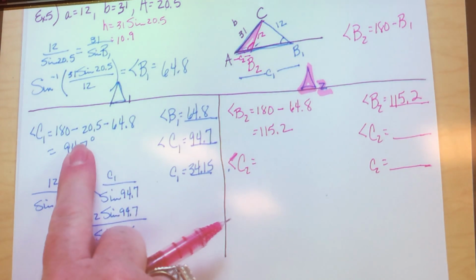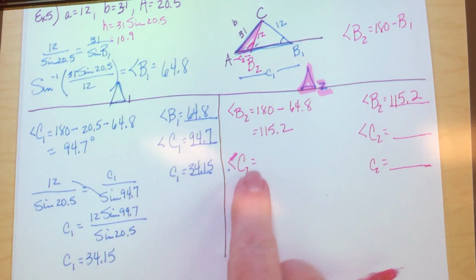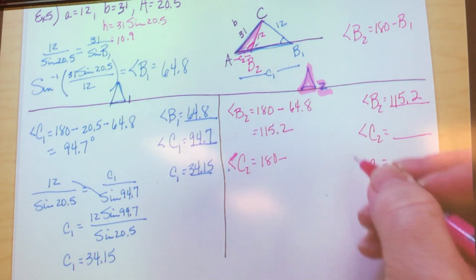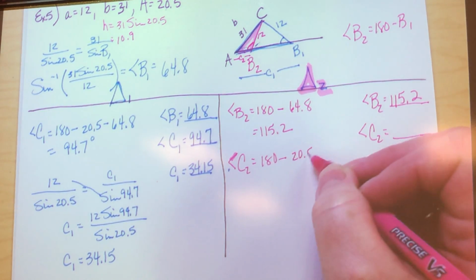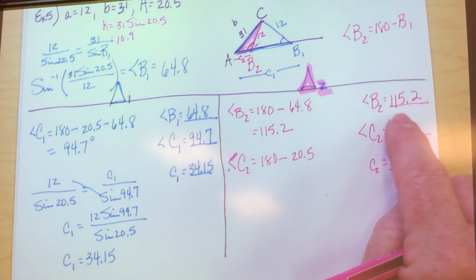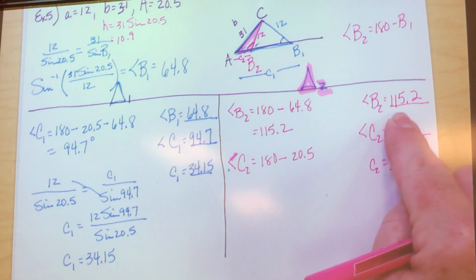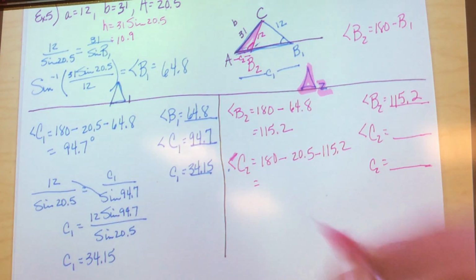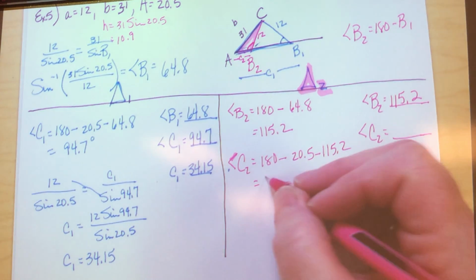How did you find angle C sub 1? This is the same way you find C sub 2. 180 minus A, which is 20.5, minus B, which is 115.2. Okay? Pop it all in your calculator. Y'all tell me what you get. 44.3. Perfect.